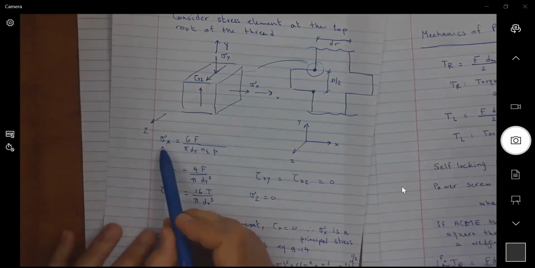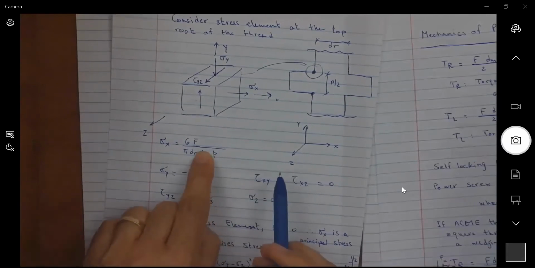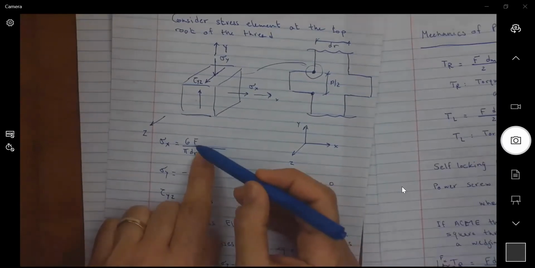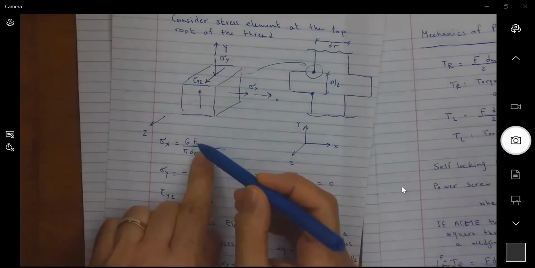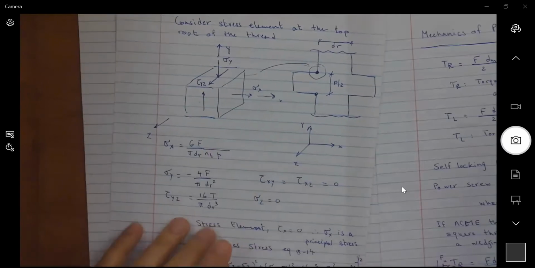So if I want to find this largest stress, instead of dividing by NT, I can replace F by 0.38 F, right?